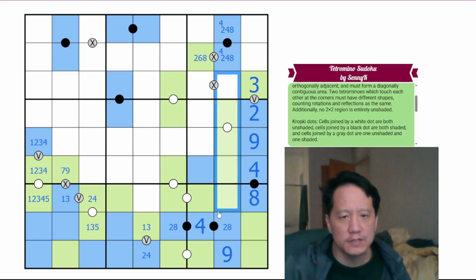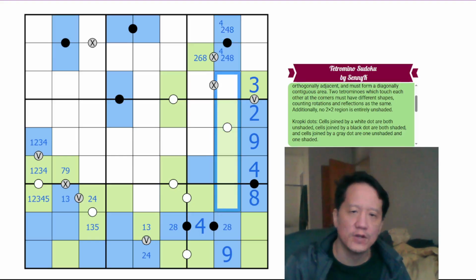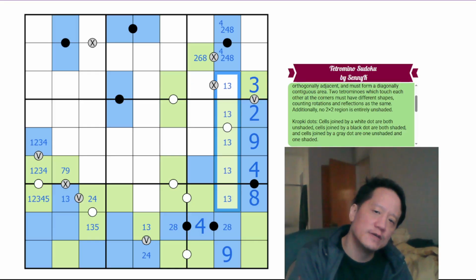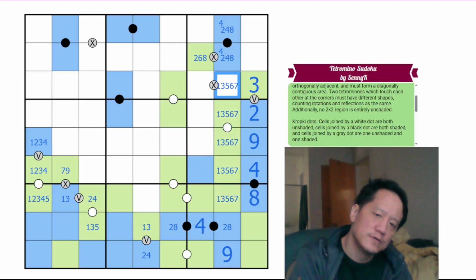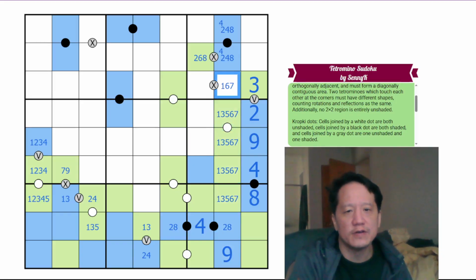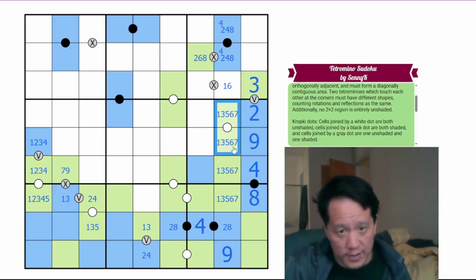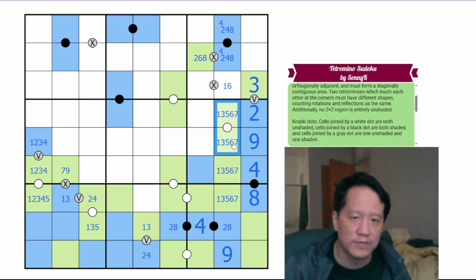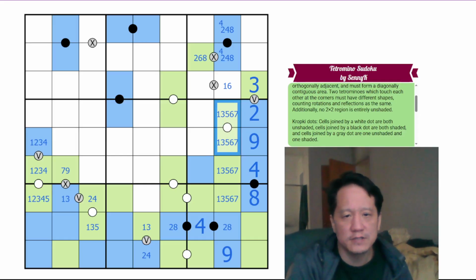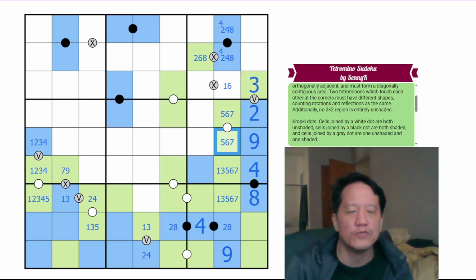Remaining digits in this column are 1, 3, 5, 6, 7. No 3 here, no 5 here, no 7 here. The problem is, again, this has to be consecutive. You need an even digit here. So it has to be 6 with 5 or 7.